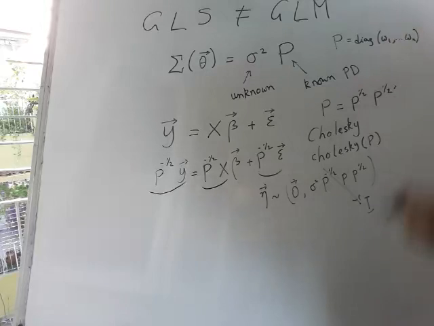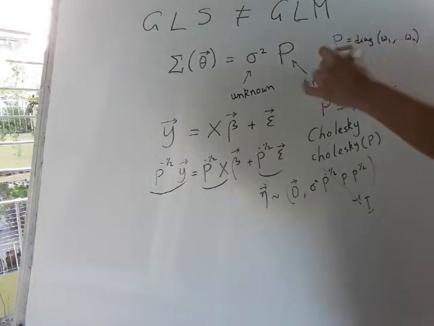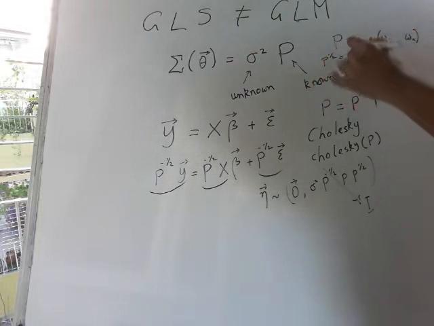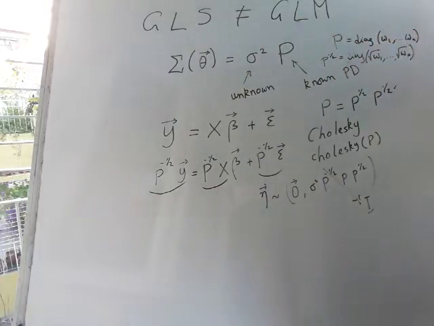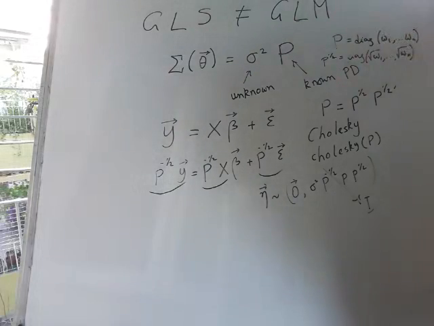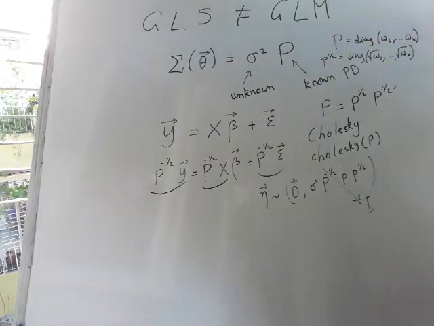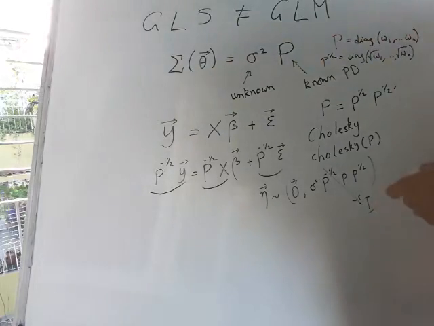Then P to the power half is very easily computed. It is just the diagonal matrix with square root of W1 to square root of Wn. In this case, when P is of this special form, it is sometimes called weighted least squares, WLS, at least our textbook calls it WLS, weighted least squares.